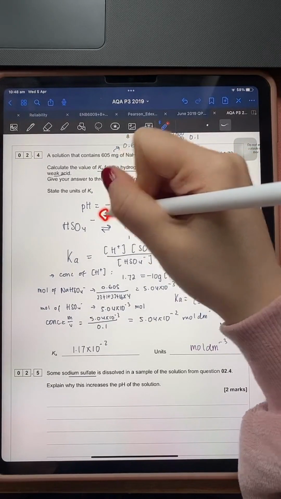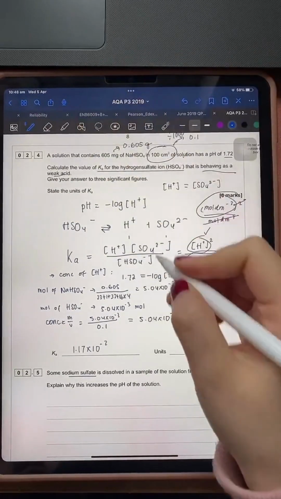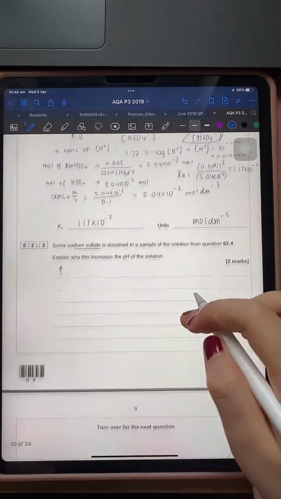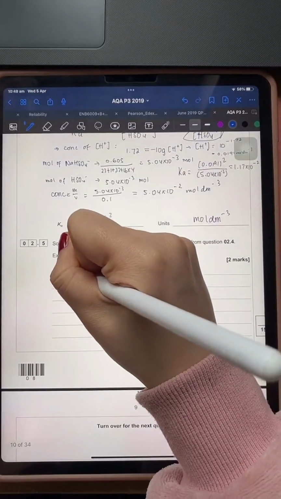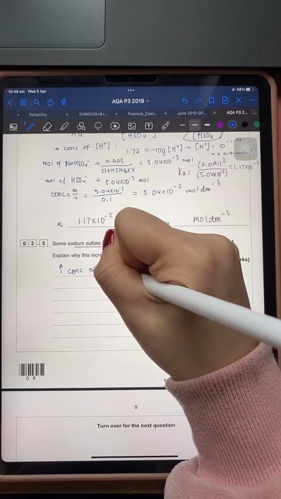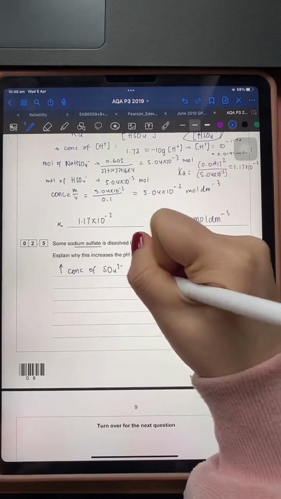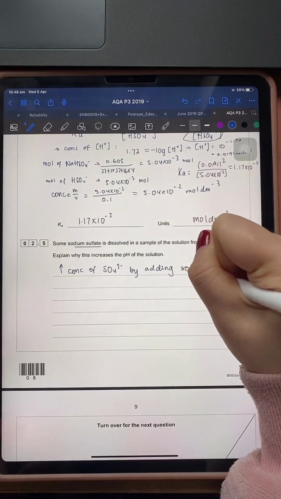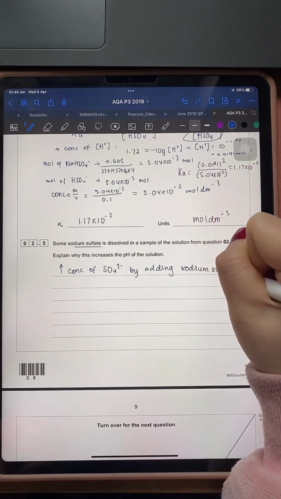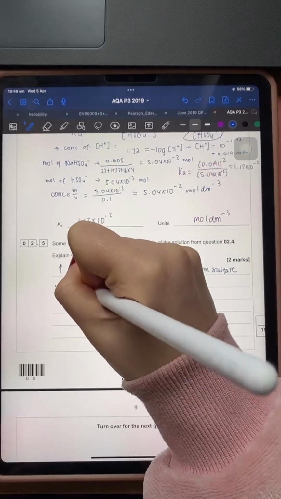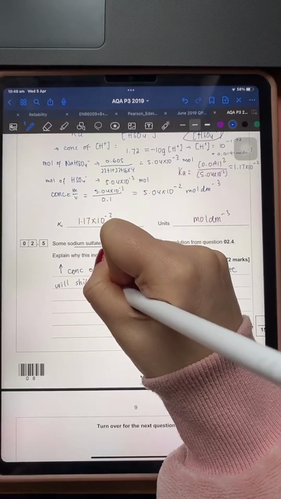Obviously write this down in actual words, I'm just lazy. Increasing concentration of SO4 2 minus by adding sodium sulfate will shift the equilibrium, EQM, to the left.